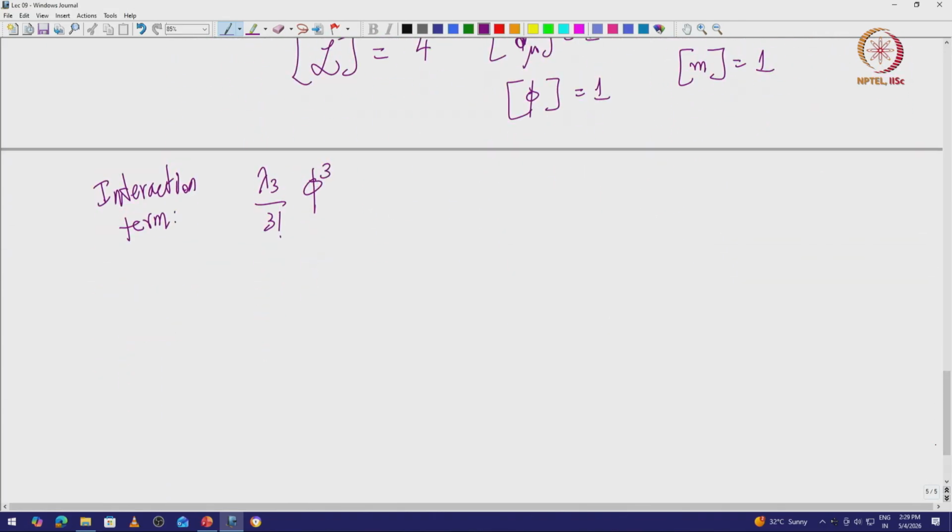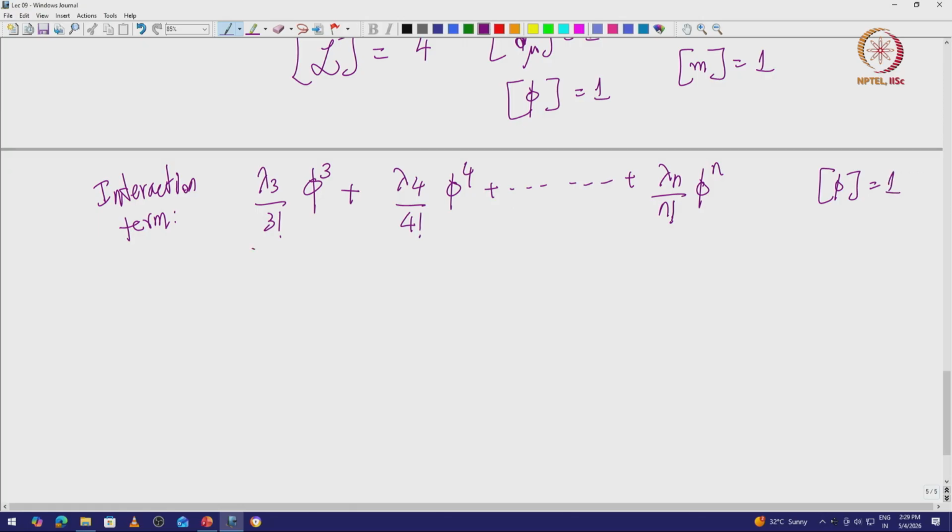The interaction term has further terms, lambda 4 by 4 factorial phi to the power 4, and lambda n by n factorial phi to the power n. According to the definition, the mass dimension of phi is 1.